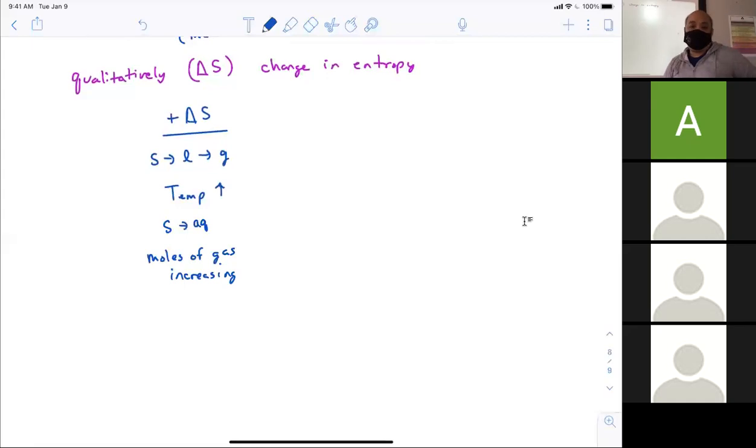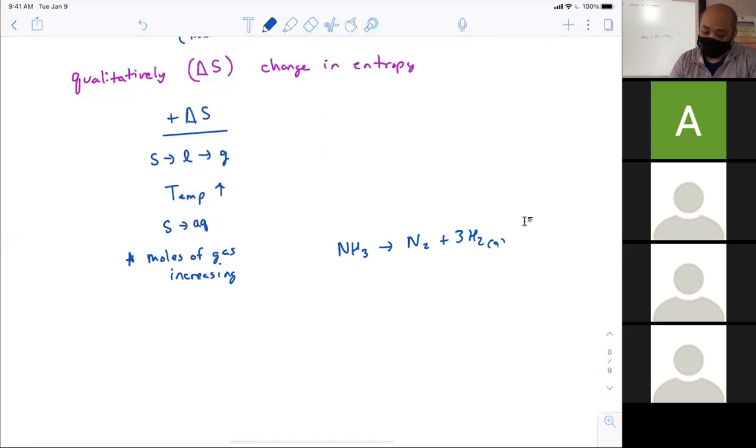Gases are much more free to move around. So the emphasis here is on the moles of gas increasing. Conversely, everything in reverse is negative delta S. So if you see something like this, you're going from 2 moles of gas to 4 moles of gas.